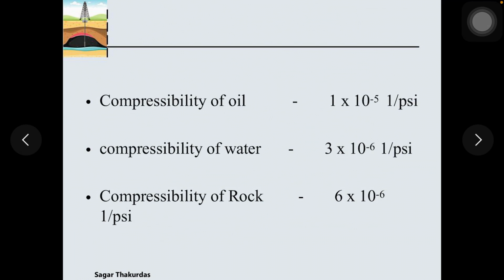So if you have to see the order of compressibility of different aspects of the reservoir, the compressibility of gas is maximum, then comes oil, then water, and rock has least compressibility. Although it is least, there is minor expansion of rock upon drilling that can also contribute in the production.